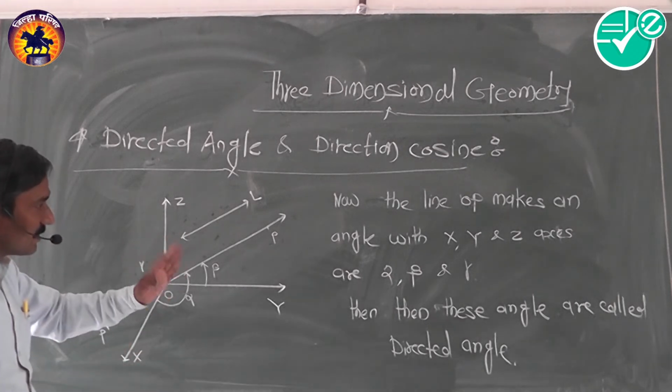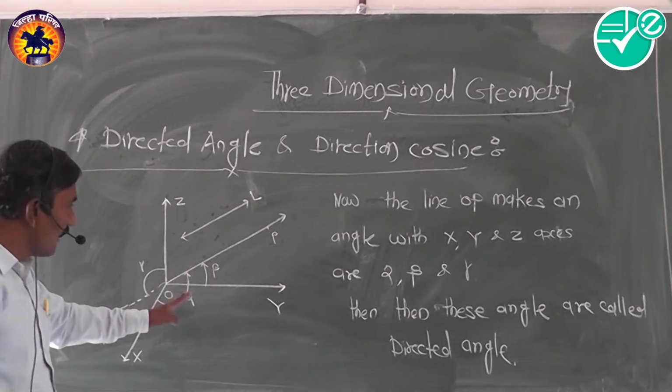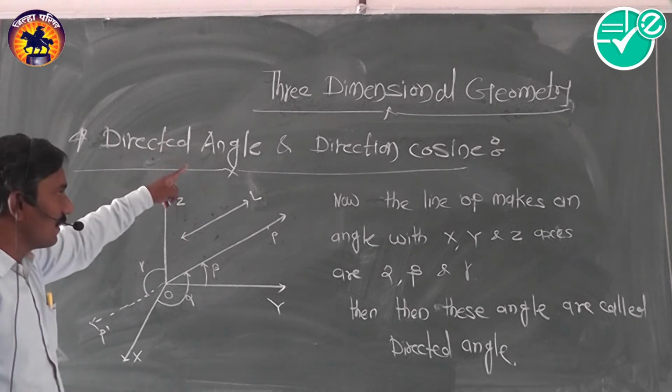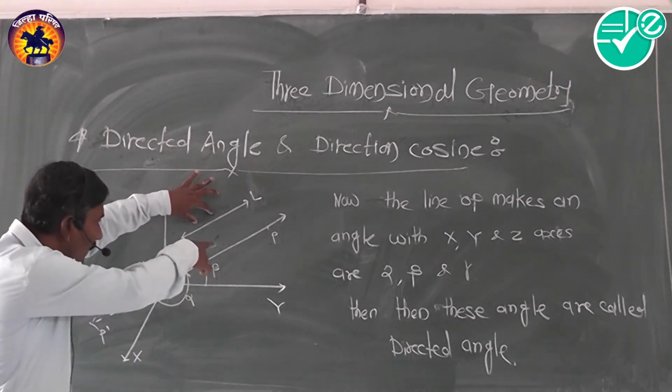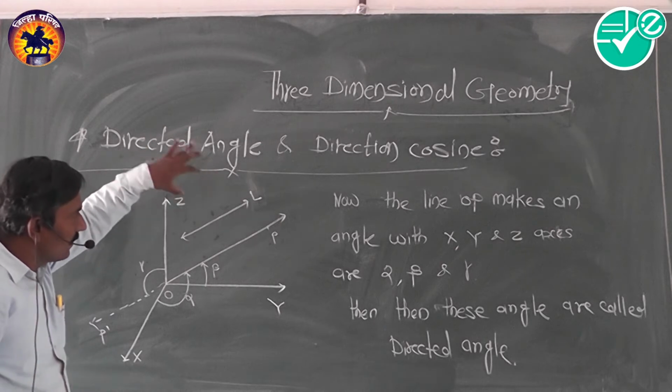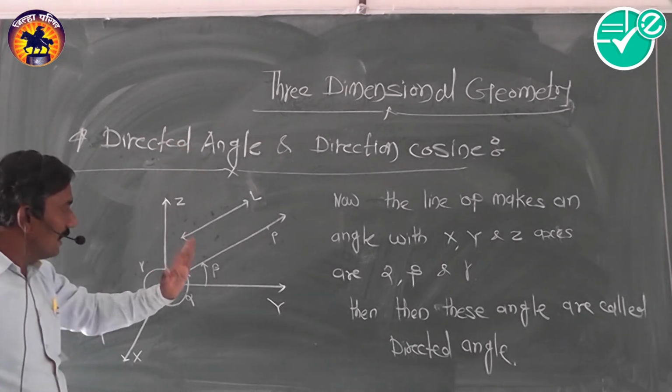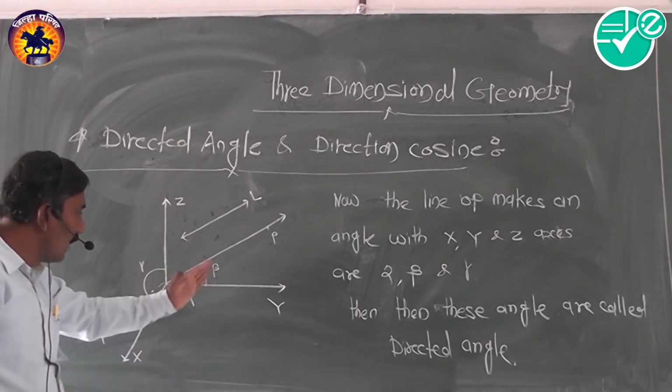Those three angles are called directed angles, and the L line is parallel to OP, so we can say that the L line also makes the angles alpha, beta, gamma.